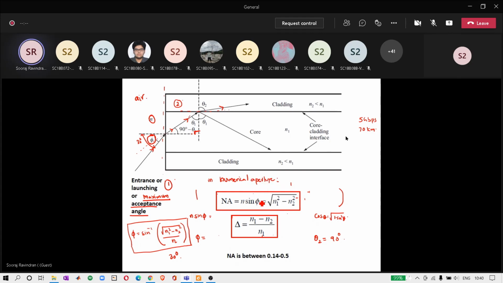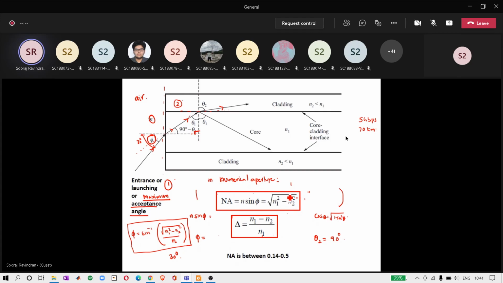Numerical aperture is defined as the sine of the maximum acceptance angle multiplied by the refractive index of the medium in which the optical fiber is situated. So the numerical aperture is given by the square root of n1 square minus n2 square.